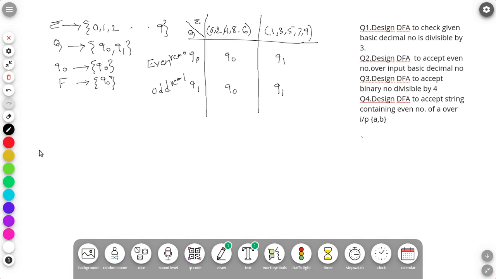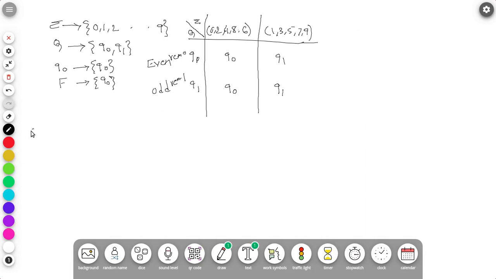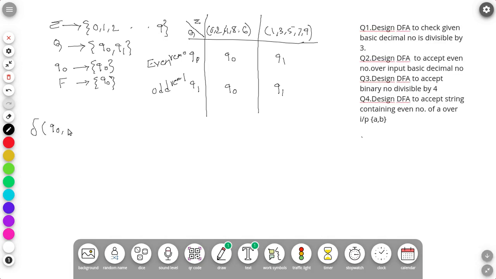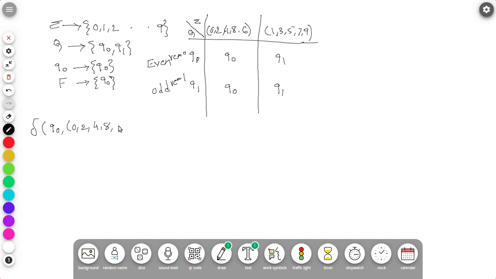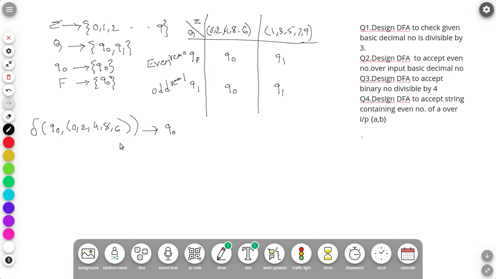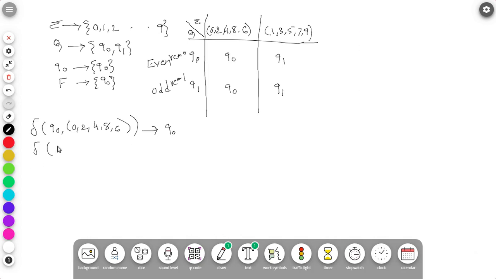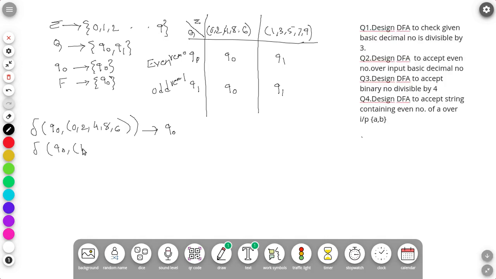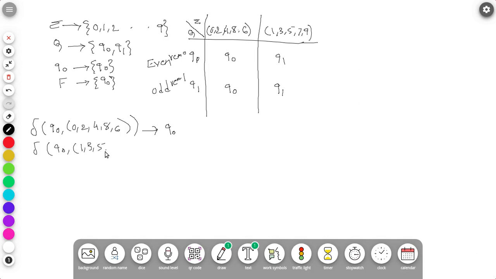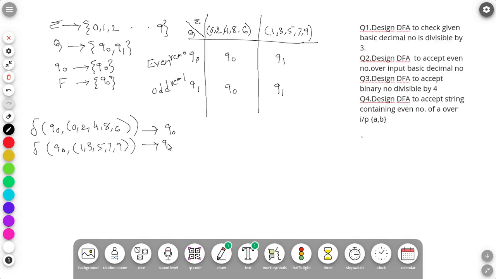For this I have to write the state transition equations. State transition equations have a state associated with certain input. Q0 with input set 0, 2, 4, 8 and 6 gives output state Q0. Similarly, Q0 with input 1, 3, 5, 7, 9 gives output state Q1.